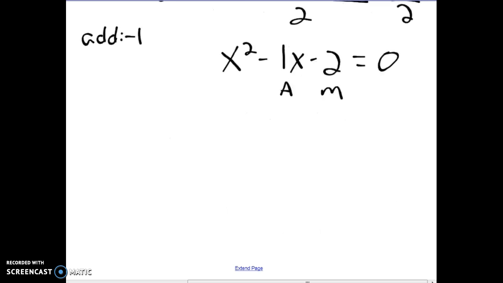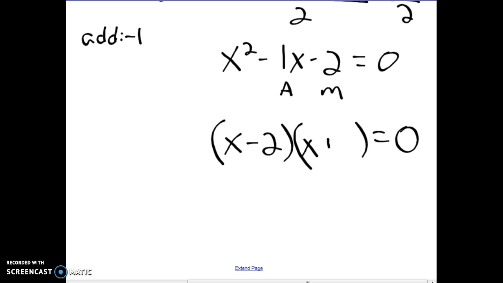Add to the middle, multiply to the end. The two numbers that I find that multiply to negative 2 but add up to a negative 1 would be a negative 2 and a positive 1. Negative 2 plus 1 is negative 1. Negative 2 times 1 is, in fact, negative 2.